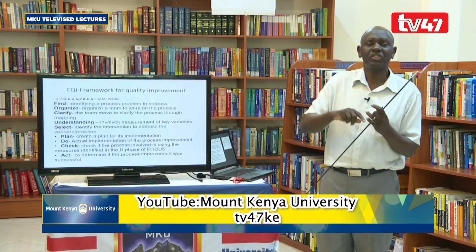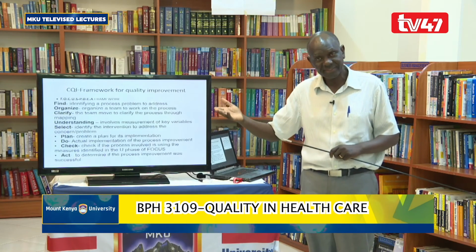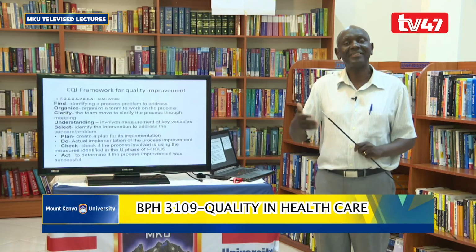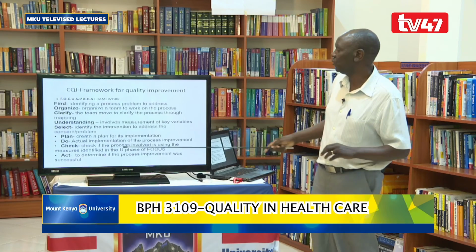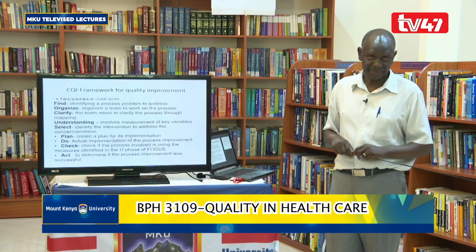Once you come up with that plan, which has the objective, the strategies and the activities you are going to do to reach your objectives, and also has the resources you require and the time you require, and it has been approved, the next thing you do is the actual implementation.